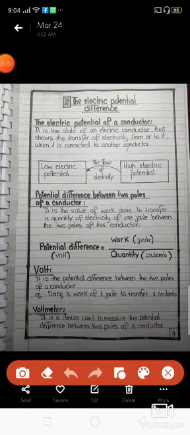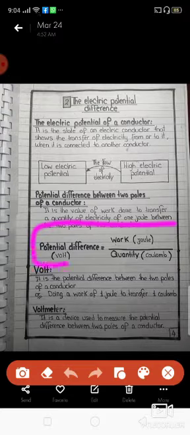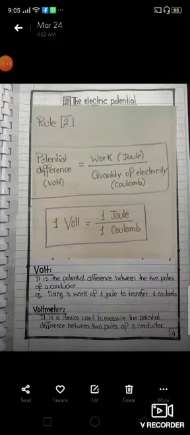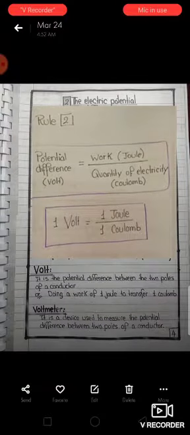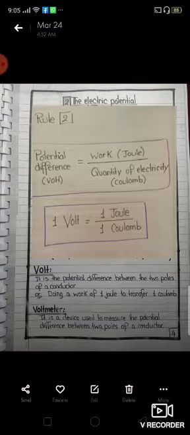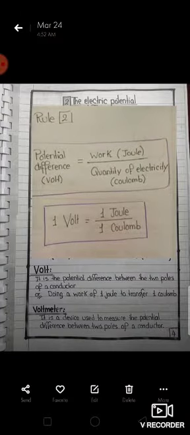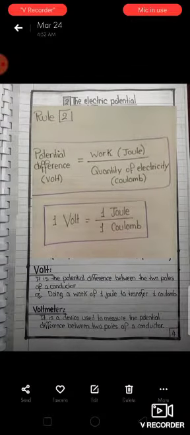From the previous explanation, now we can get our second rule in our lesson, which says that the potential difference equals work in joules over the quantity in coulomb. Again, rule 2: potential difference in volt equals work done in joules over the quantity of electricity in coulomb.